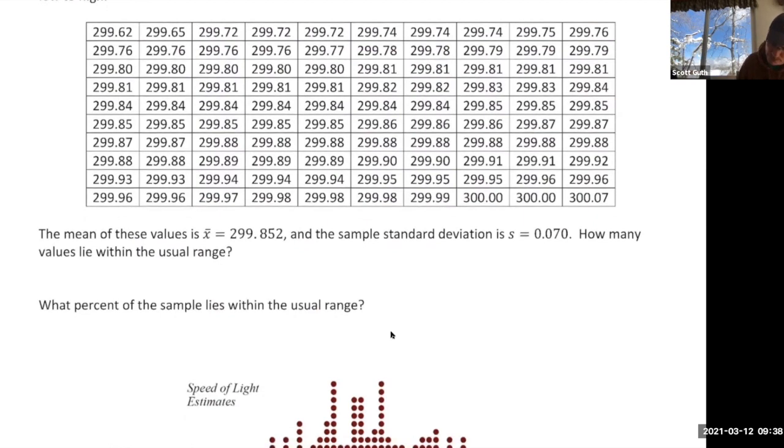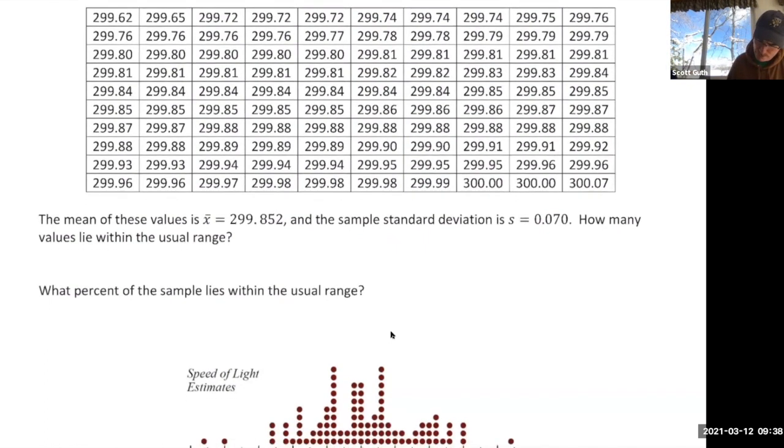So the mean of the values is 299.852, and the standard deviation is 0.070. It says how many values lie within the usual range. So what we're going to do is do the usual range first. That's X bar minus 2S. So X bar, 299.852, minus 2 times 0.070. And then same thing, but adding.